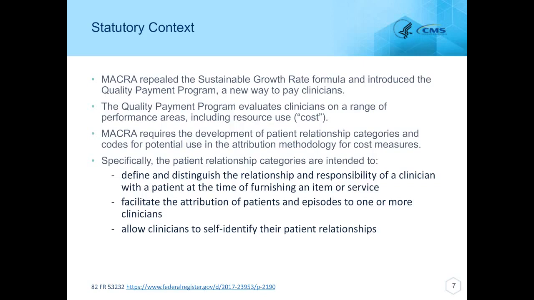MACRA requires the development of the patient relationship categories and codes for potential use in the attribution methodology for our cost measures. Specifically, the patient relationship categories are intended to define and distinguish the relationship and responsibility of a clinician with the patient at the time of furnishing an item or service. It also facilitates the attribution of patients and episodes to one or more clinicians. And finally, it allows clinicians to self-identify their patient relationships.